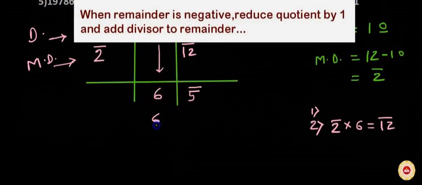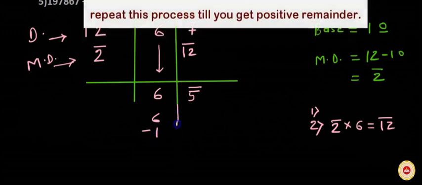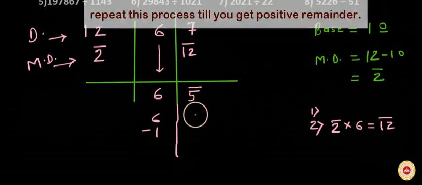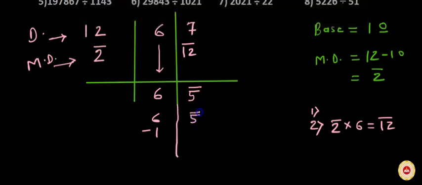See, 6 minus 1. Okay, let me extend this line. Reduce this quotient by 1 and add the divisor 12 to this -5. So -5 plus 12. We have said that when you get a negative remainder, it means that you have divided in excess.